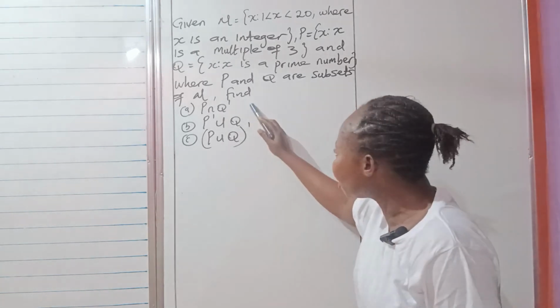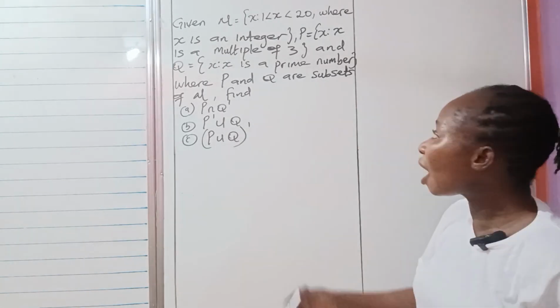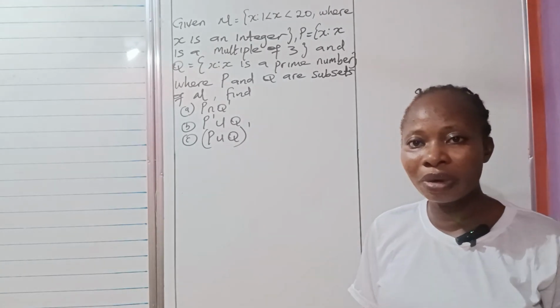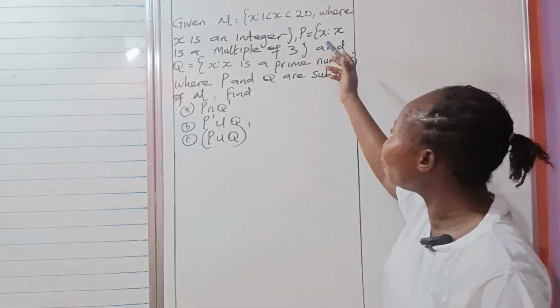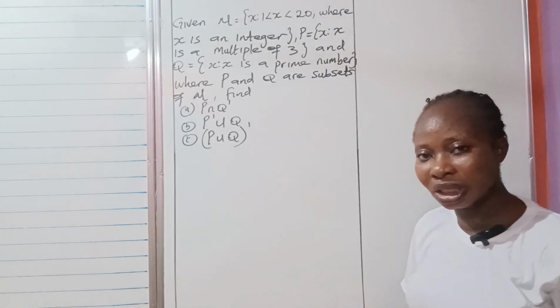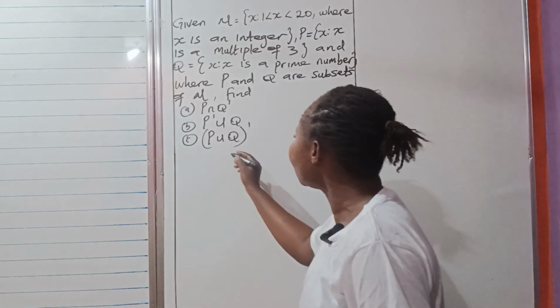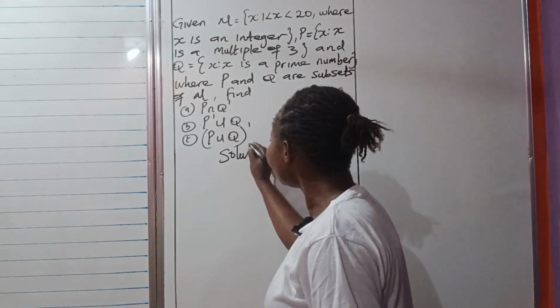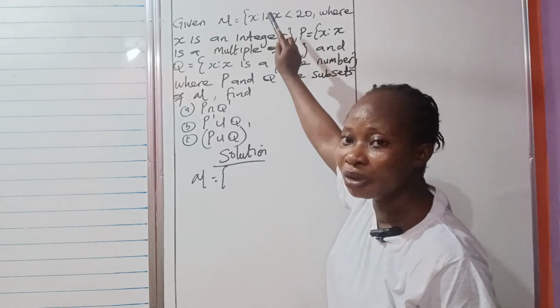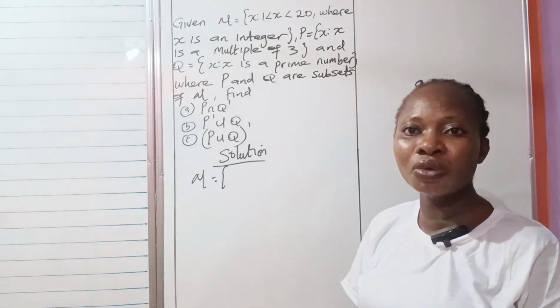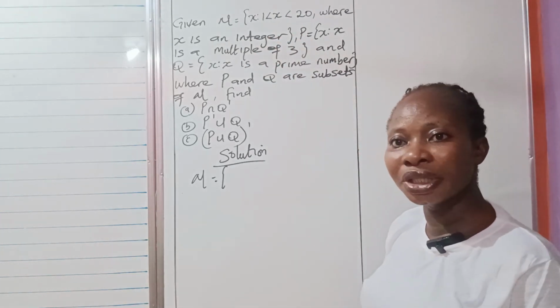Before we can solve these three questions, we have to write out what our numbers represent. We have been given the value of the number in a set notation, and we have to write it out. So the first thing we'll be writing out is the universal set. X is between 1 and 20. So 1 will not be included and 20 will not be included.